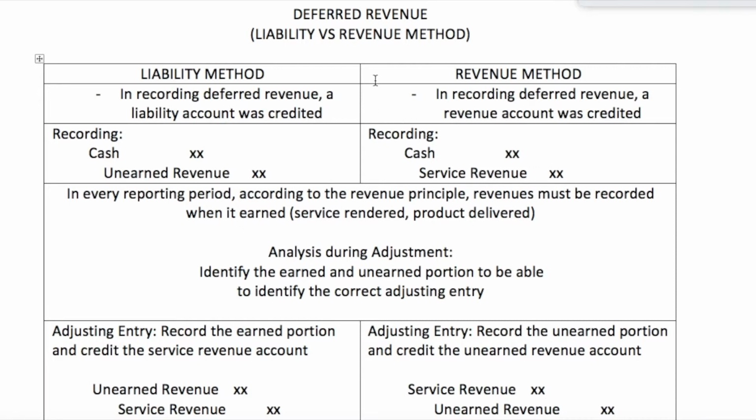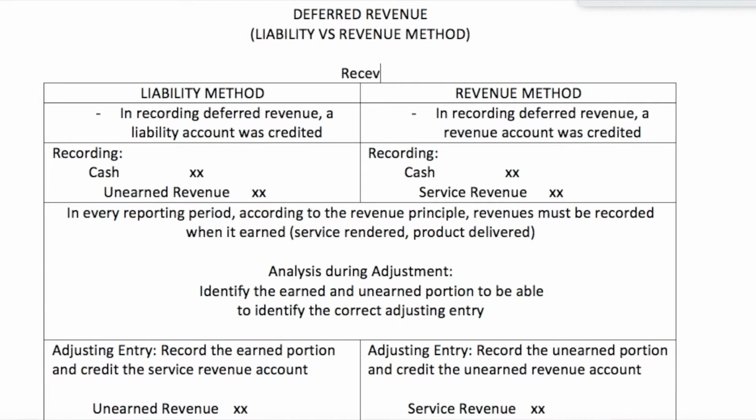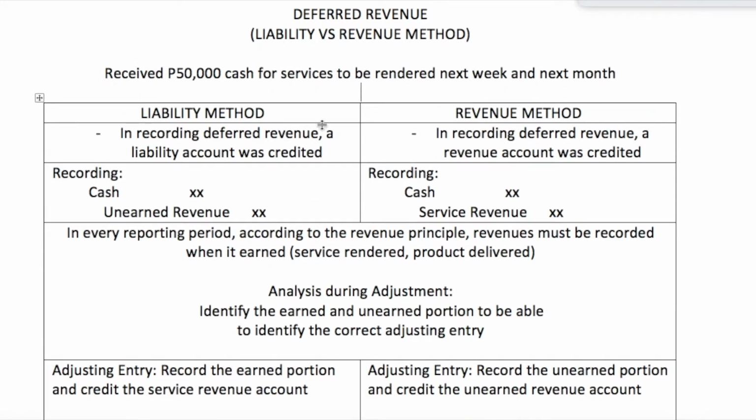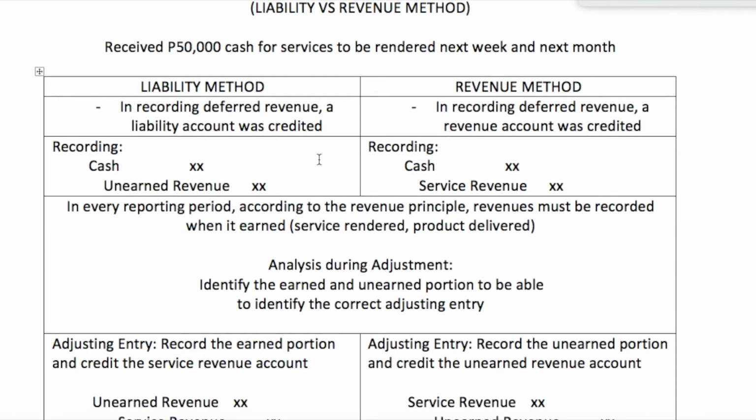Okay, so let's have an example. Let's say we received 50,000 cash for services to be rendered next week and next month. Okay, so the 50,000 cash is for the service to be rendered next week and next month.